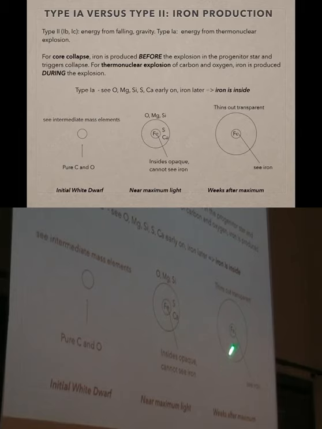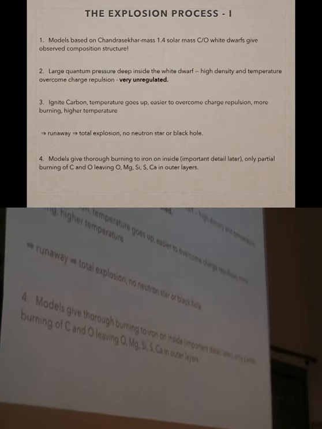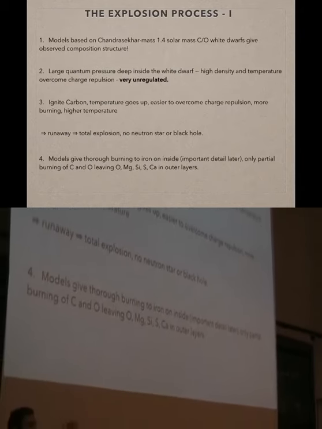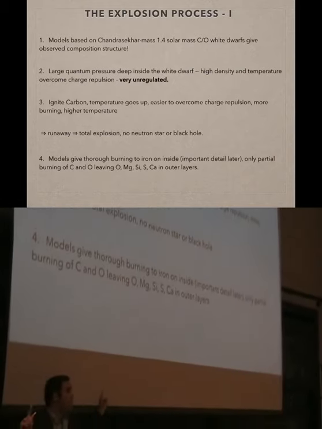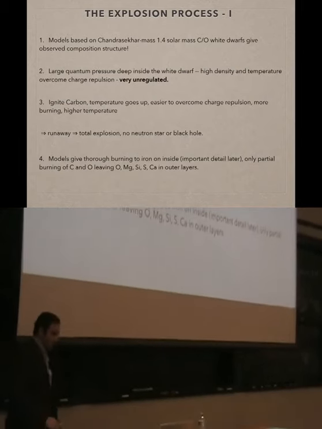Eventually, as things expand, we start seeing iron lines in our spectra, which basically means that we're looking deep inside the newly formed iron material. And that's the main difference between the two explosions. One makes iron before the explosion, type 2s. Type 1a's make iron during the explosion.